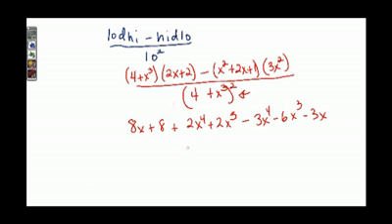Here we have an x cubed. Here's an x to the 4th and x to the 4th, right here and here. So combining those, we're going to get a negative x to the 4th. And then we have an x cubed term here and here. Combining those, we're going to get a negative 4x cubed. And then what do we have? We have an x and an x here.